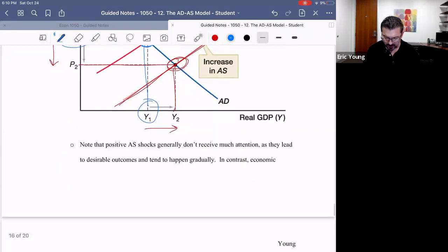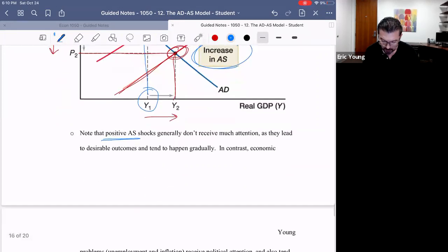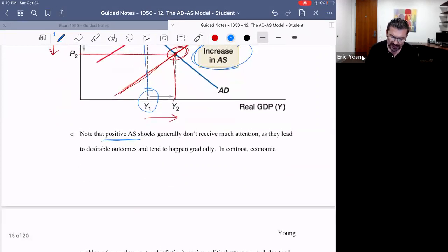One thing to point out about this, by the way, you don't hear much about this. Nobody really talks about this a lot. Part of the reason is because it was a long time ago, but the real underlying reason is this was a positive AS shock. We had an increase in AS, so that's an AS shock, and it's a positive one, which is to the right. Well, number one, positive AS shocks lead to pretty good things.